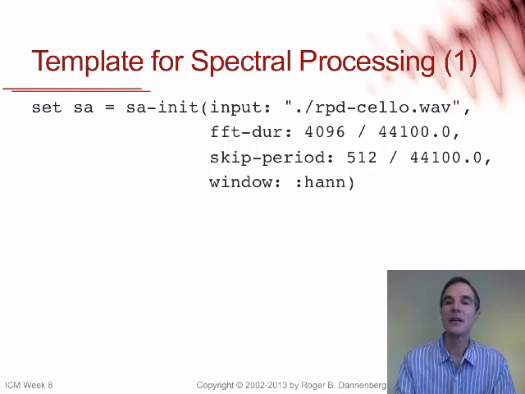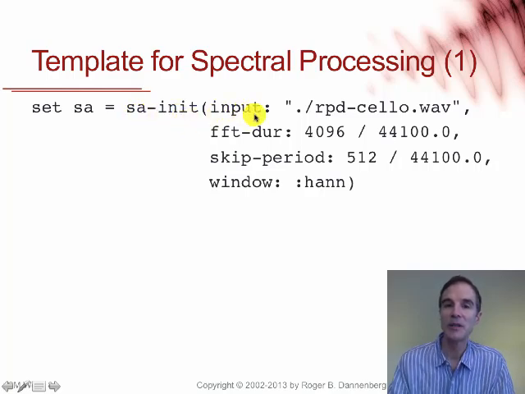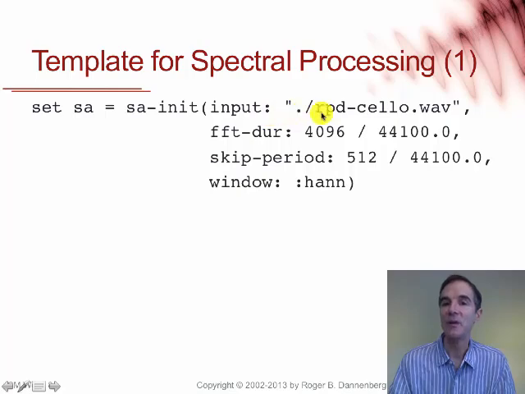So here's some kind of skeleton code to show how this whole system works. We have a function called SA-init for spectral analysis init, and it has a number of keyword parameters: an input file or sound, the duration of the FFT in seconds.